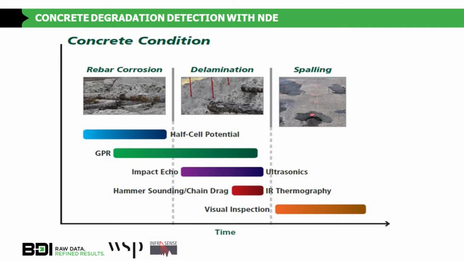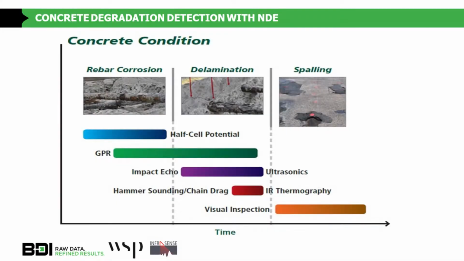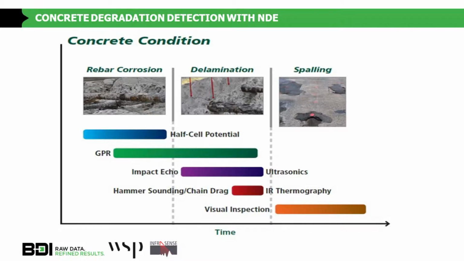So do we have chlorides present? Is there moisture? Do we potentially have loss of cross-section? Once we have that loss of cross-section, we can use acoustics to identify whether or not we actually have a true spall or horizontal crack. And then eventually we get to the point that we're all used to with hammer sounding and chain dragging. We can actually hear that. We can use infrared thermography to see those shallow delaminations as well.